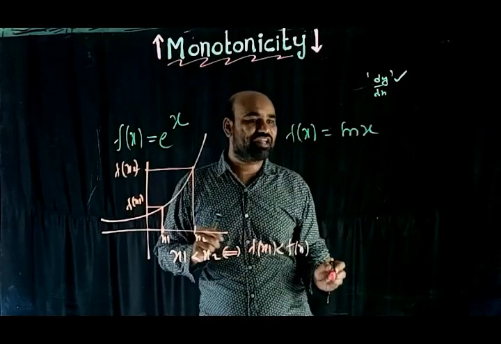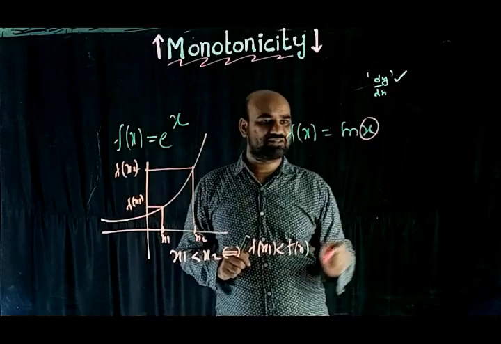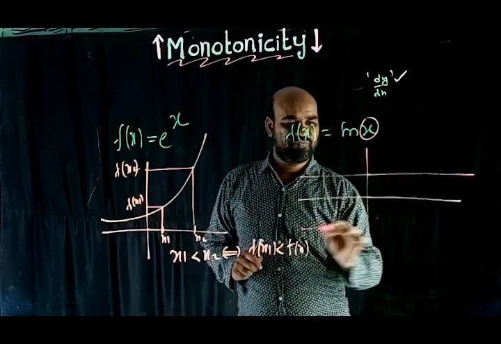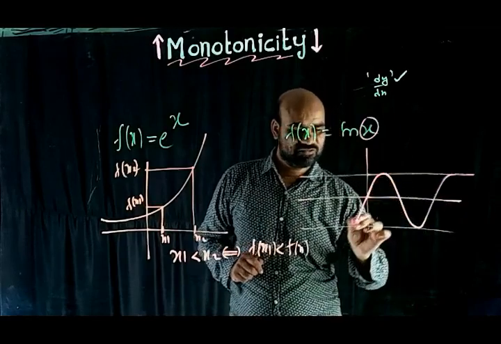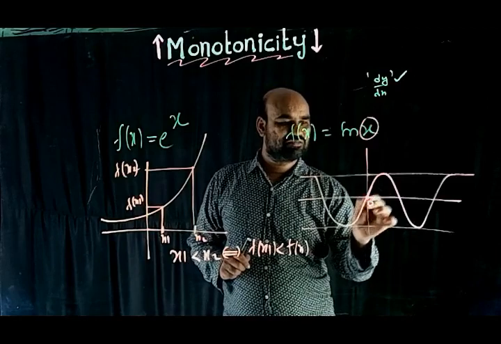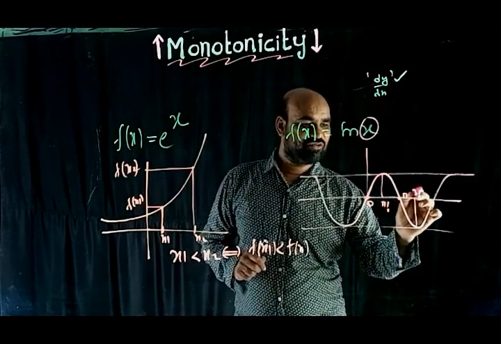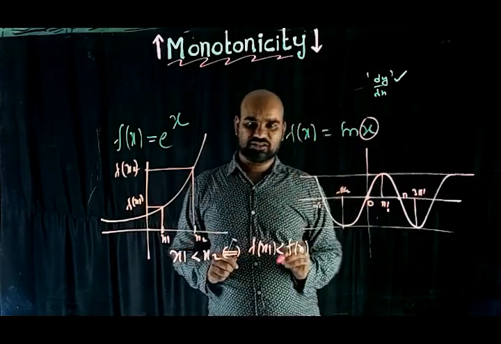Now see the sin x function. Do you know that the sin x function, its domain is also all real numbers? This is the graph of the sine function. This is 0, this is pi by 2, here pi, 3 pi by 2, minus pi by 2, minus pi, like that.